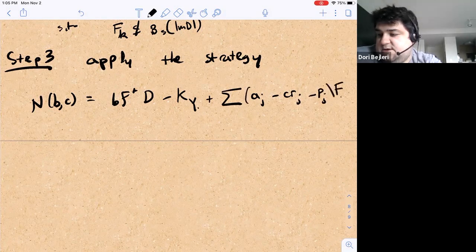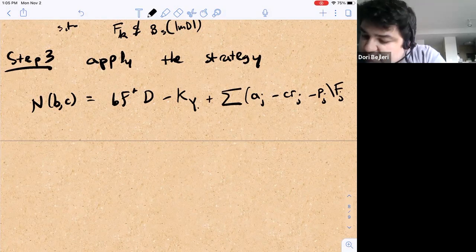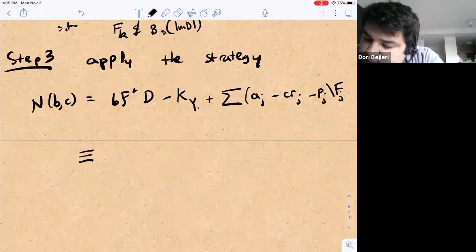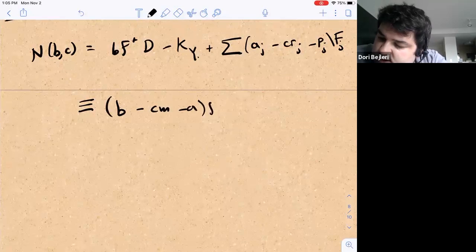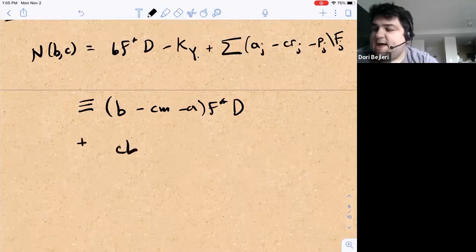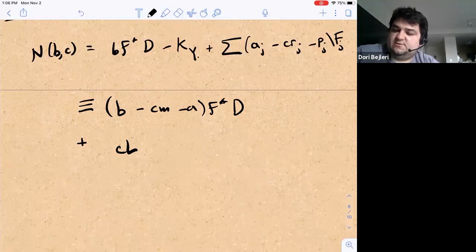So now the difference is that we have this extra perturbation by these p's. But just like before, now we can write this as numerically equivalent to (b minus cm minus a) times f upper star D plus c times L, our base point free piece. So that's why we have this b f upper star D as well as this minus c rj, because that's the difference between L and f upper star D.